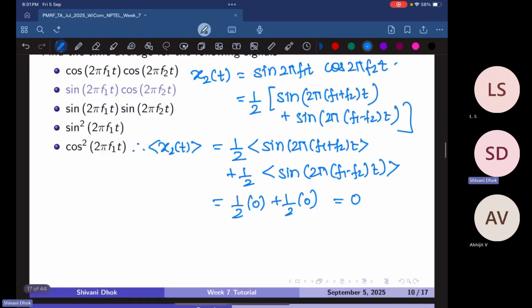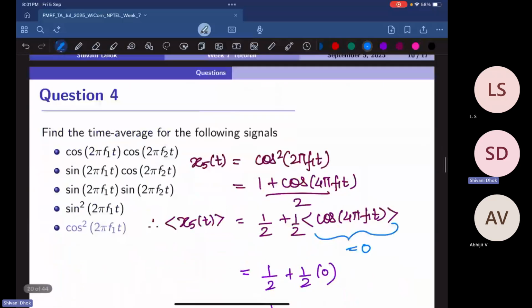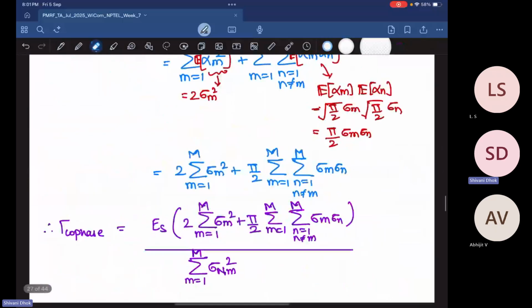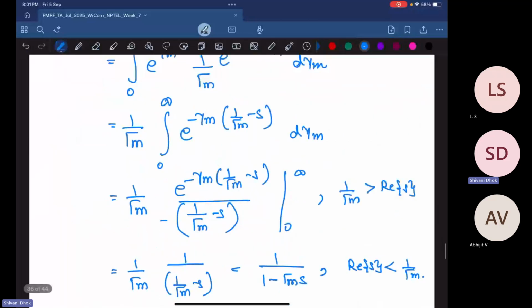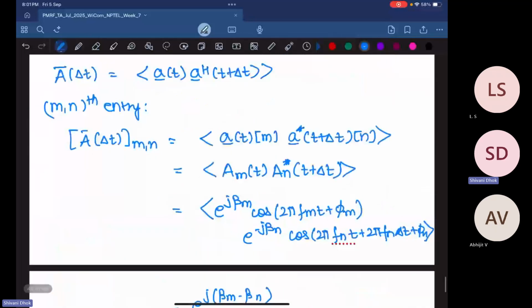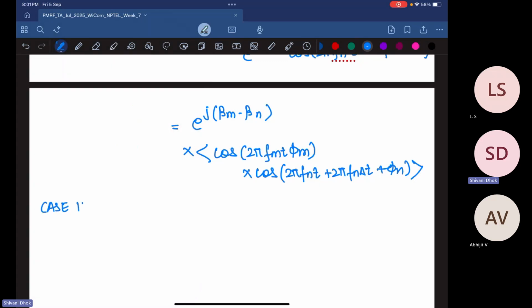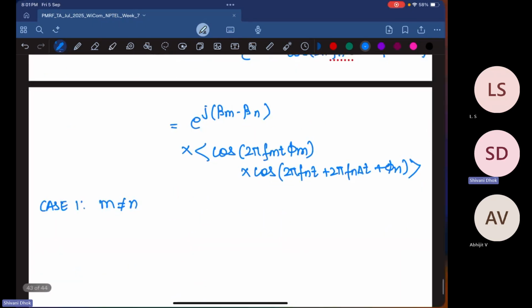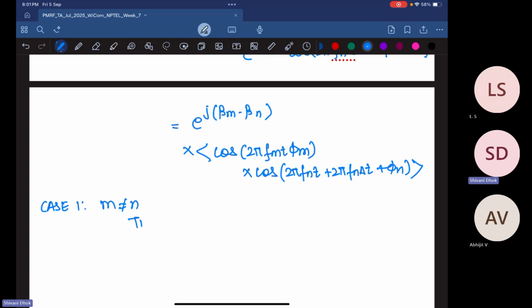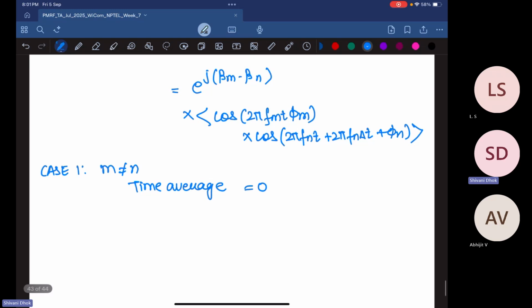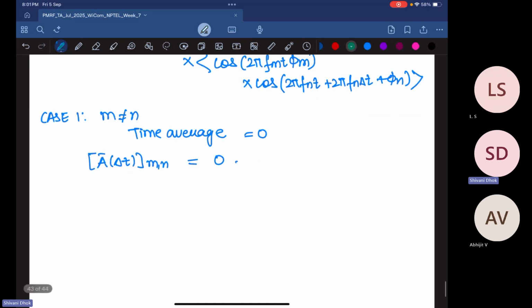So in this particular question here, we have case 1: m is not equal to n, then this time average is equal to 0. So therefore your a bar of delta t's m comma nth entry comes out to be equal to 0.